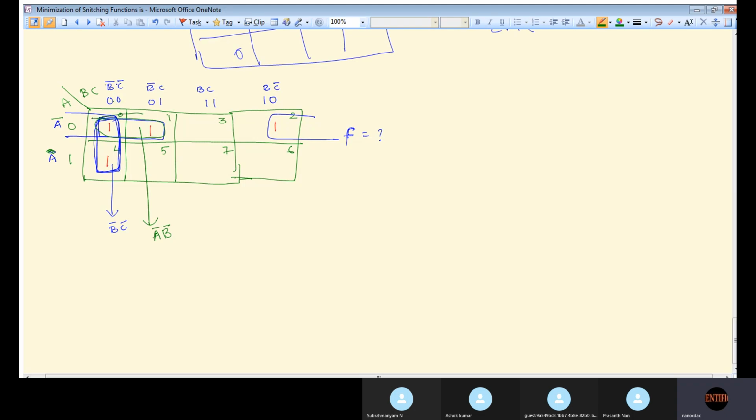Among these two, B bar is the same. Okay, B bar is common, that's why I'm writing B bar.